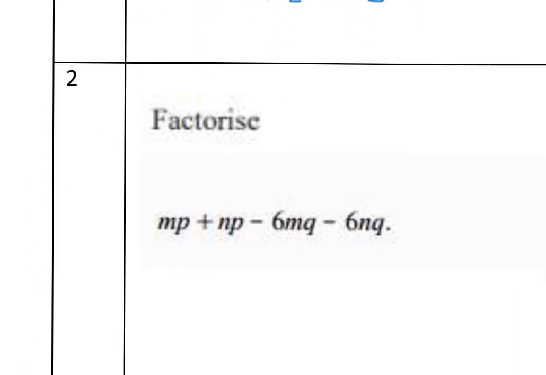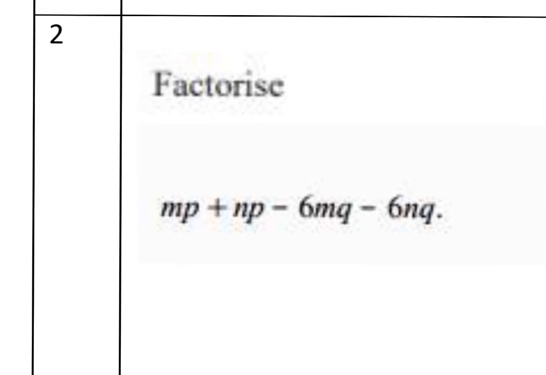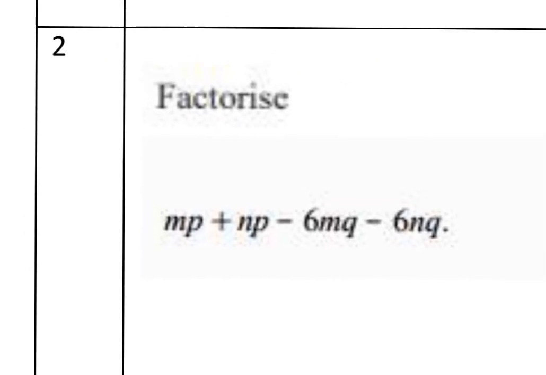Number two, same, we have two groups. You can try the first two first. Sometimes first and second doesn't work, and we need to rearrange to take first and third, first and fourth. But we can try if the first and second works or not.